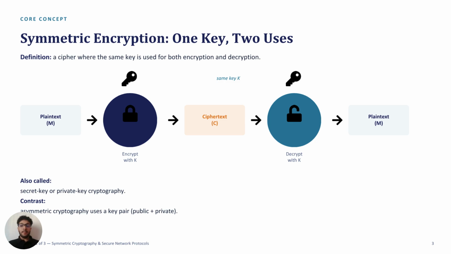Let's call it M. She applies an encryption algorithm using key K and produces ciphertext C. Bob receives C, applies the decryption algorithm using the same key, and recovers M. The key is shared. That is both the power and the challenge of this approach. The power: it's very fast. The challenge: how do you share the key securely in the first place?